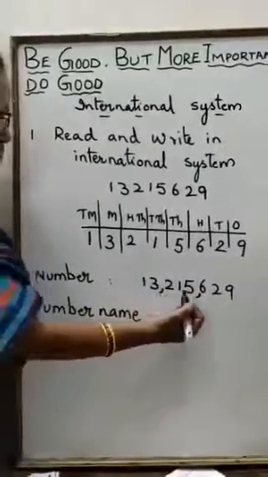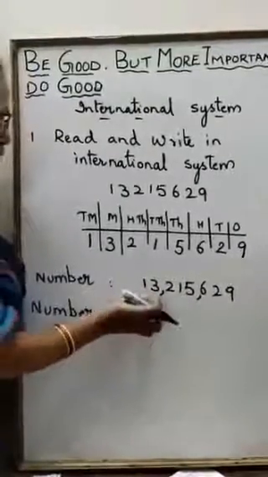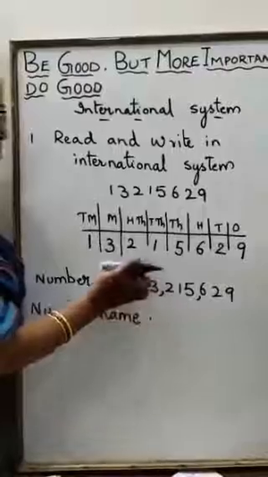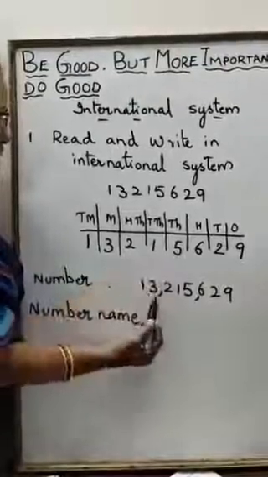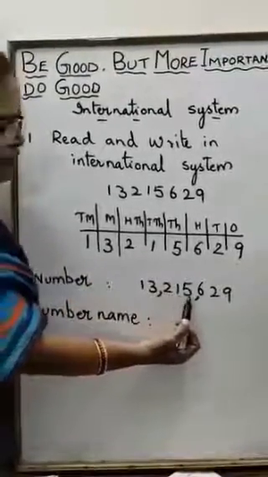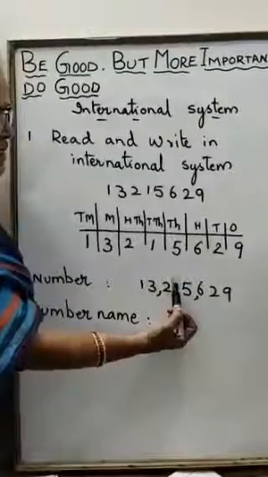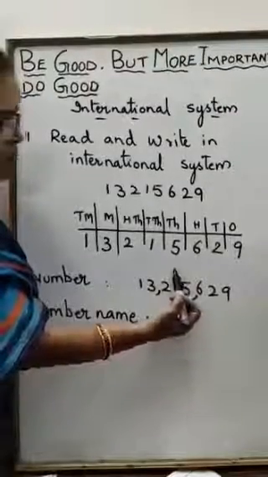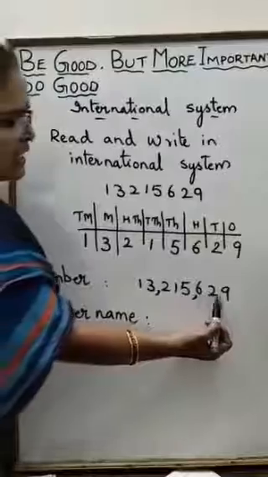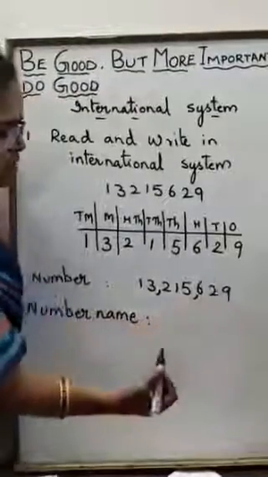Now we read this number as 13, that is the third period, and the name of the period is million. 13 million, 215 is the second period number, 215 thousand is the name of the period. 629, this is the ones period.